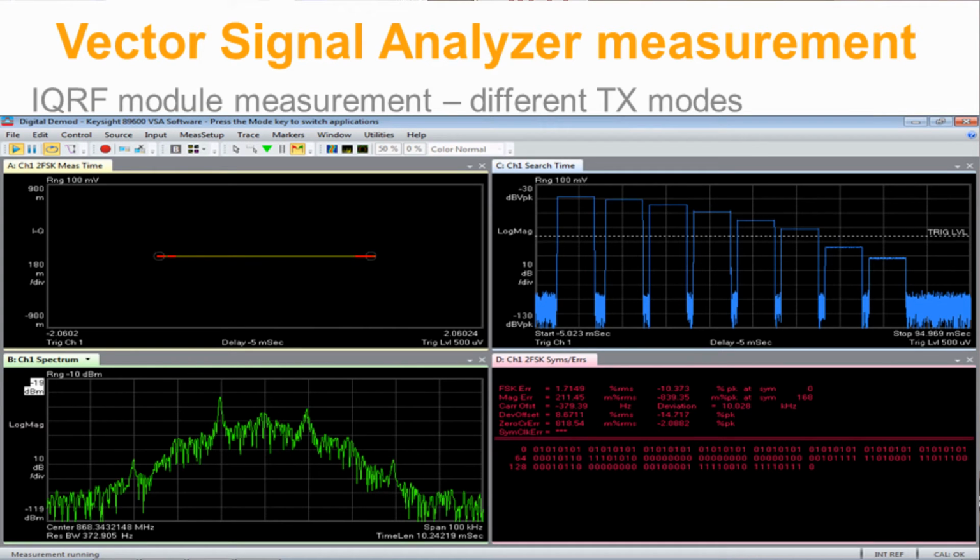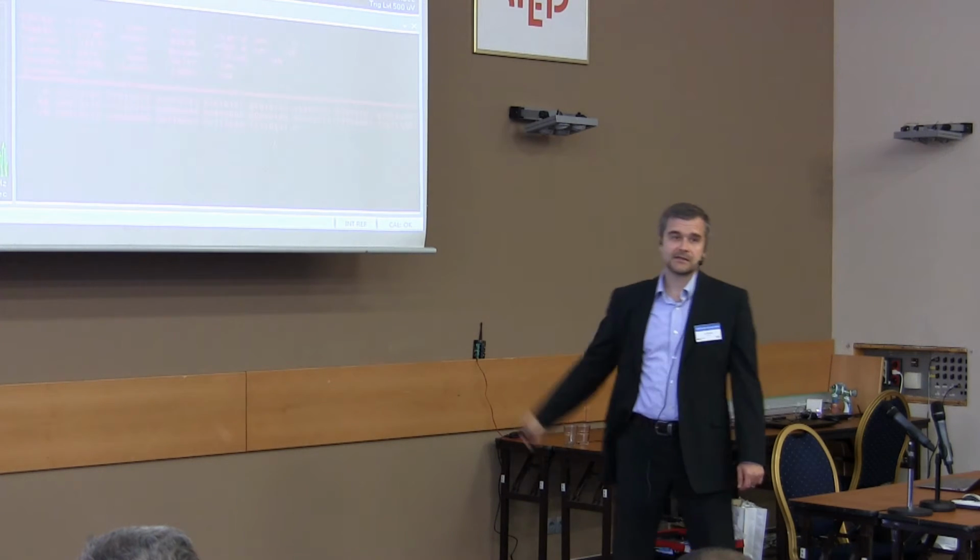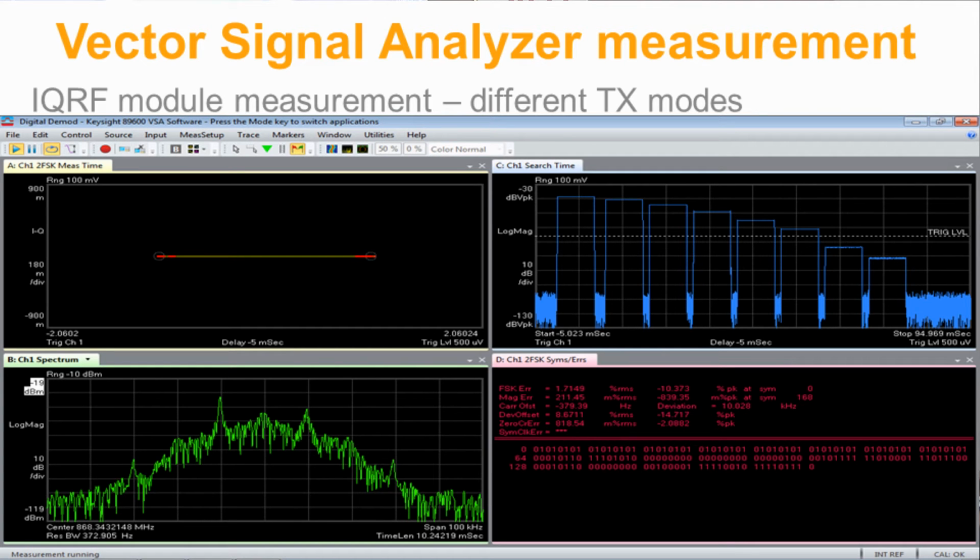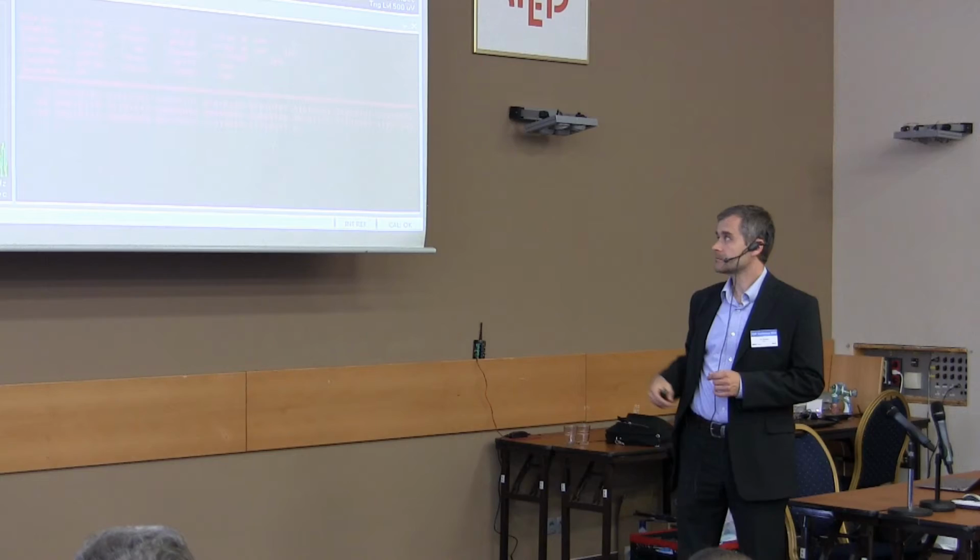Another picture from the RF measurement. This was taken by a spectrum analyzer from the antenna. The green line is the spectrum at 868 megahertz, and you can see there is a modulation, MSK modulation. The blue line is the 8 pulses which transmit with different power levels, so that's power versus time.